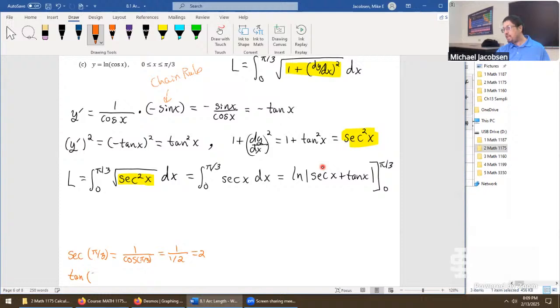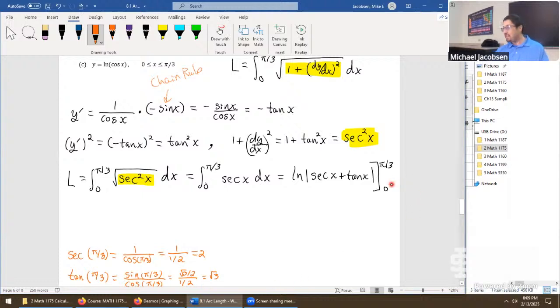Next, evaluate tangent pi over 3. Tangent of pi over 3 gives us sine pi over 3 divided by cosine pi over 3. Sine of pi over 3 is the square root 3 divided by 2. Cosine pi over 3, we've done once, and here it is twice. It's a half. Those halves cancel, and we just get root 3 altogether.